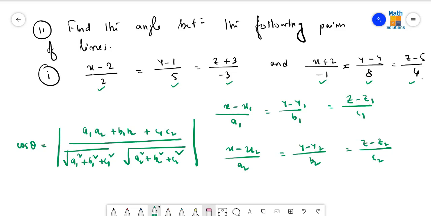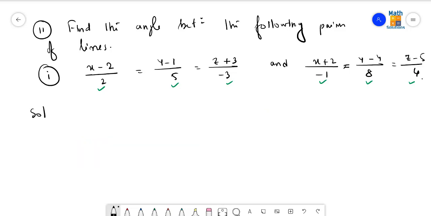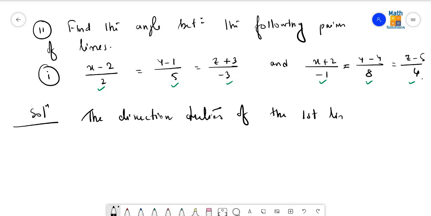I'll proceed with the solution part using this formula. So coming to the solution part, the direction ratios of the first line are a1 is equal to 2, b1 is equal to 5, c1 is equal to minus 3.